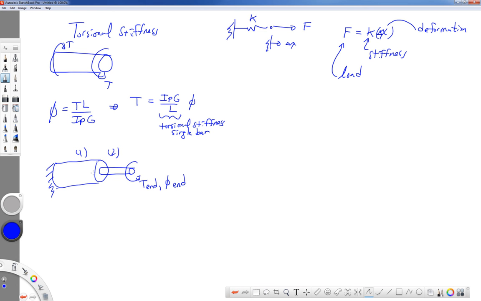We want an equation that's very similar to what we just wrote, but we want the torque at the end equal to something times the angle of twist at the end. Well, in order to get the twist at the end, this is materials in series, statically determinate. We just talked about this. We have TL over I sub PG for each section.